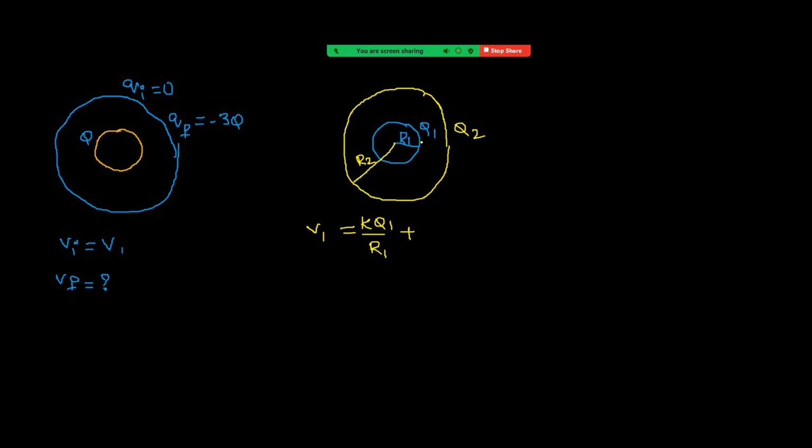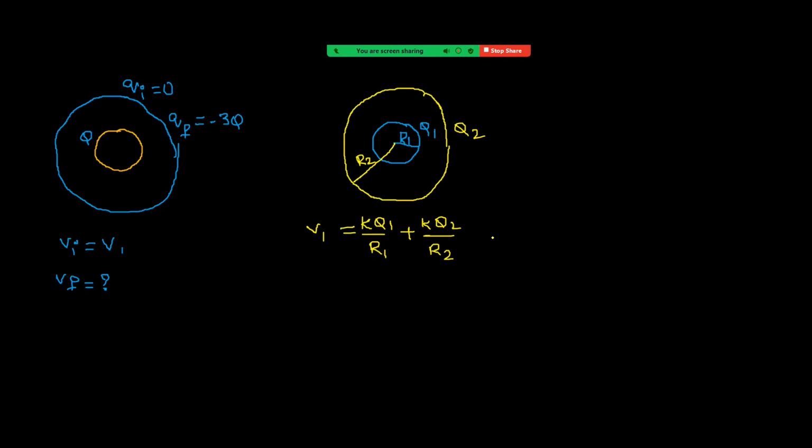And we have known that the potential at any point inside is the same as that on the surface. So because of the charge on the surface, the potential is K Q2 by R2. At any point inside, the potential will be the same. This is now the potential of the inner one because of Q1 and because of Q2, both the charges.